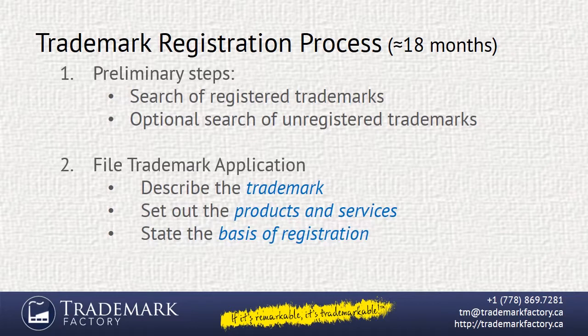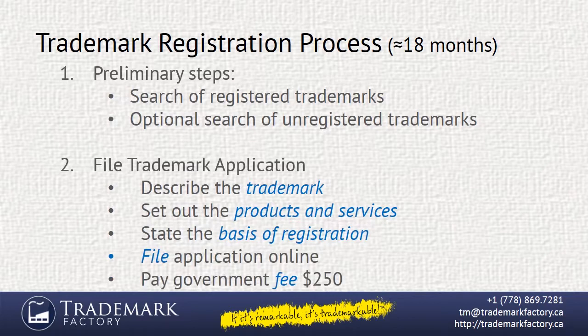Alternatively, if you're only planning to bring your trademark to the market, you would use the proposed use basis. And remember, one of the benefits of trademark registration is that you can protect brands that have not yet been used. The application is filed online together with a government fee of $250.